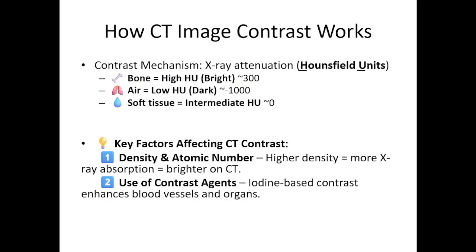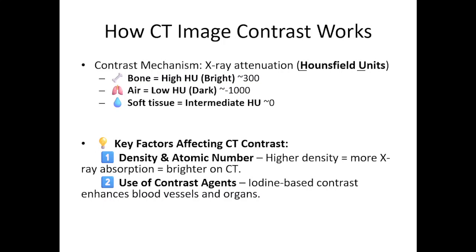First, how CT image contrast works. CT scans create contrast based on X-ray attenuation. Different tissues absorb X-rays at different rates, which is measured in Hounsfield Units, or HU. For example, bone absorbs more X-rays, giving it a higher HU value, typically a few hundred, making it appear bright on CT images.